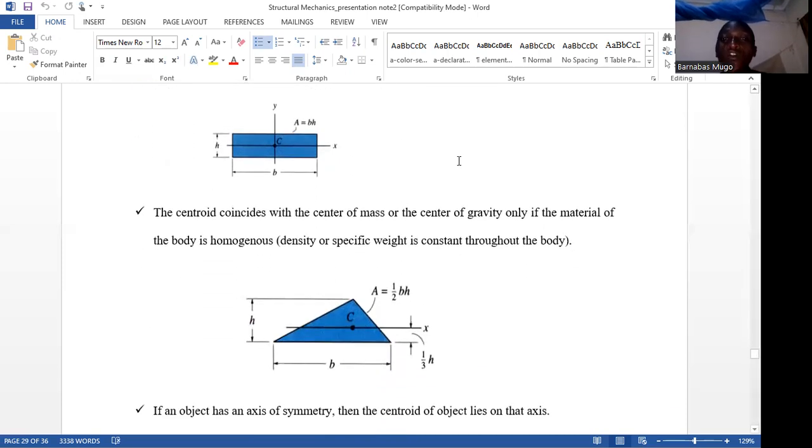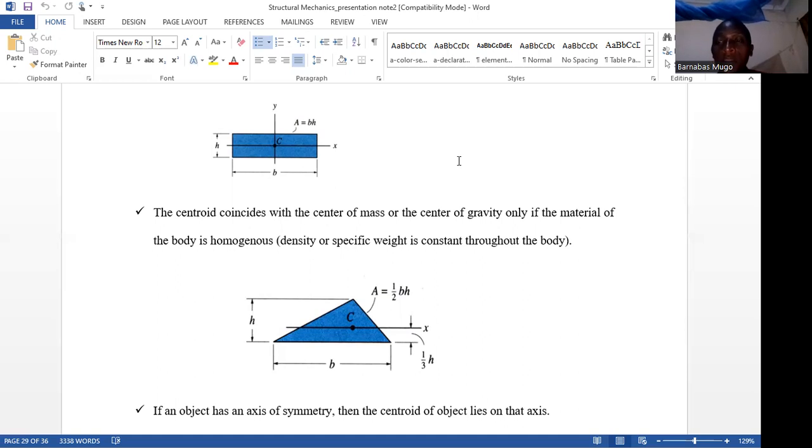The centroid coincides with the center of mass or the center of gravity only if the material of the body is homogeneous, meaning that there is a possibility whereby the center of mass, the center of gravity, and the centroid coincide at the same location. Because the centroid is not changing, the center of mass and the center of gravity can occur at the centroid of this object.